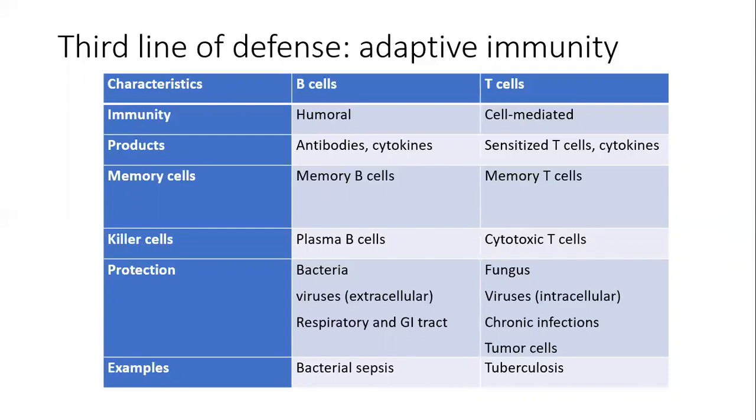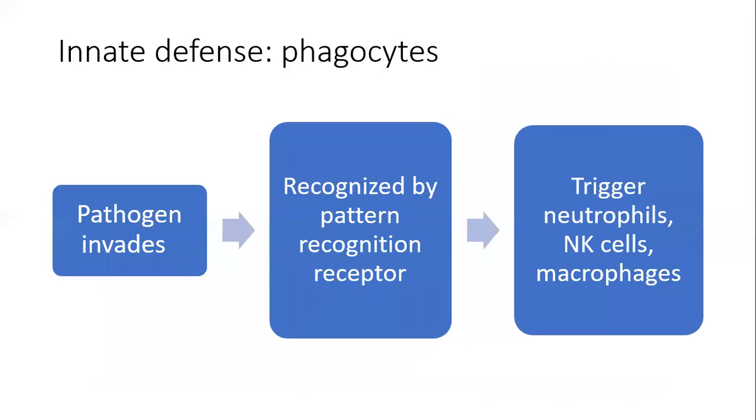So just know that this is a subject of active research, and new stuff is coming out all the time. So, what I say today might be modified by research that appears in the journals tomorrow. So within the innate defense system, there are phagocytes.